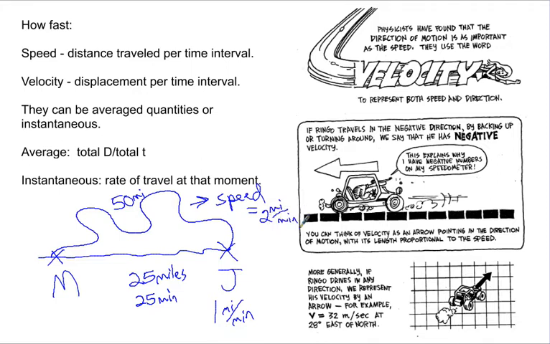But because I'm still going from Janesville to Mankato, my displacement is the same, and so my velocity would be 1 mile per minute. So your average velocity does not depend on the route. Your speed always depends on the route. Okay?